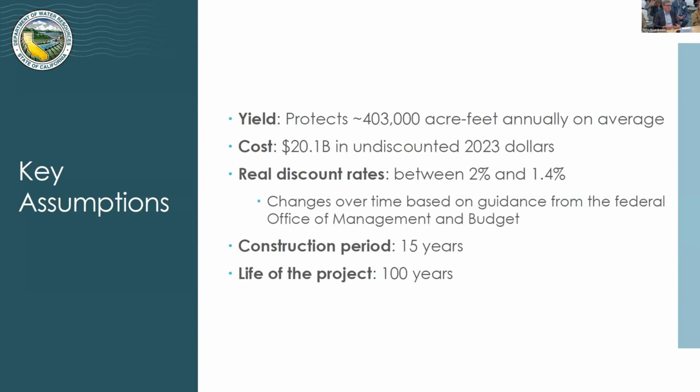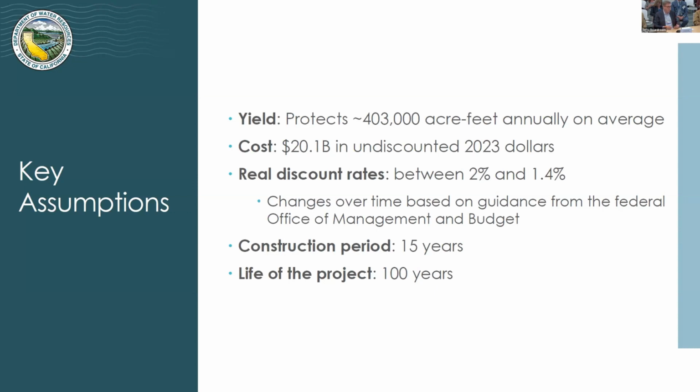Now, what we're doing here is we're following recent federal guidance that was issued by the Office of Management and Budget that sets the ground rules for federal economic analysis of infrastructure projects. This is brand new guidance, but it's something that economists have been advocating for decades.